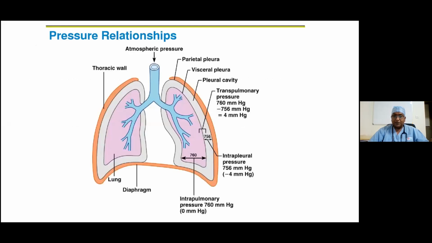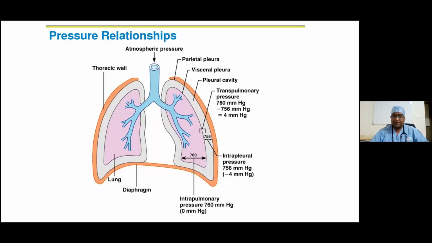Now, this diagram explains it much better. You can see the structure of the lung. There is the thoracic wall. You have the parietal pleura, the visceral pleura, and the intrapleural pressure.